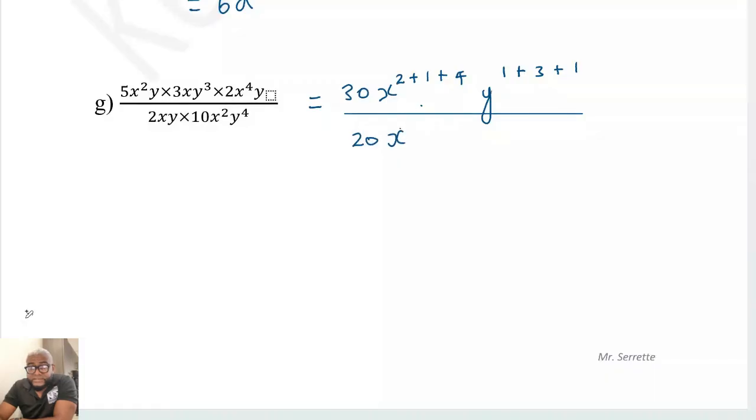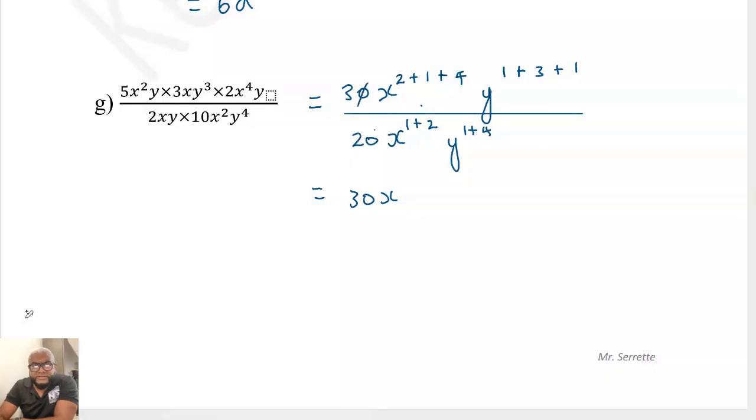20. Let's deal with the x's. What are the powers of x here? 1 plus 2. What are the powers of y? Everybody good here? Who's getting problems here still? You get this, Nathan? Yes, right. So let me go. This will be 30x to the power of.